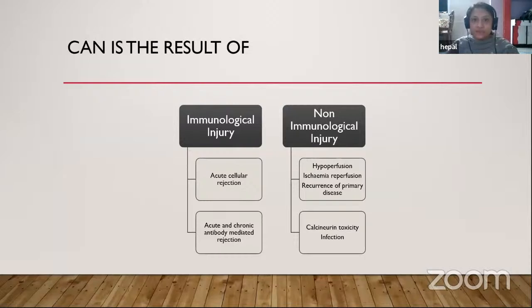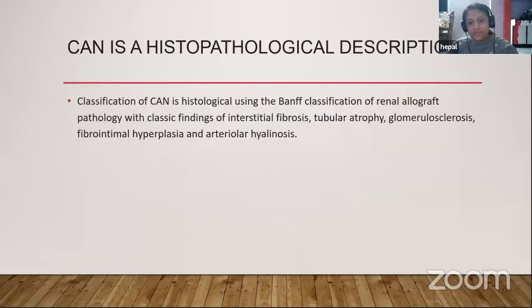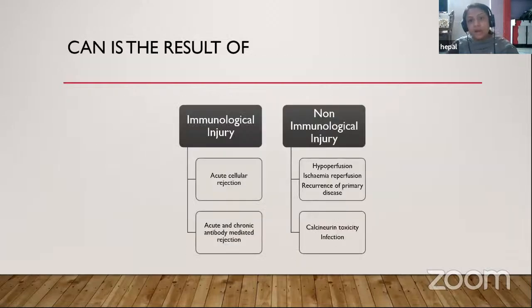CAN is the result of immunological injury and non-immunological injury. Immunological injury includes acute cellular rejection and acute and chronic antibody-mediated rejection. Non-immunological injury has multiple factors like hypoperfusion, ischemia-reperfusion, recurrence of primary disease, calcineurin toxicity, and infection.